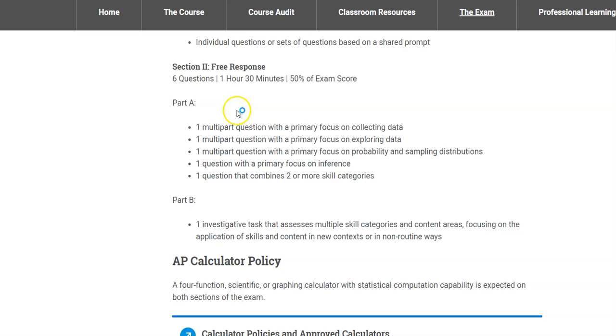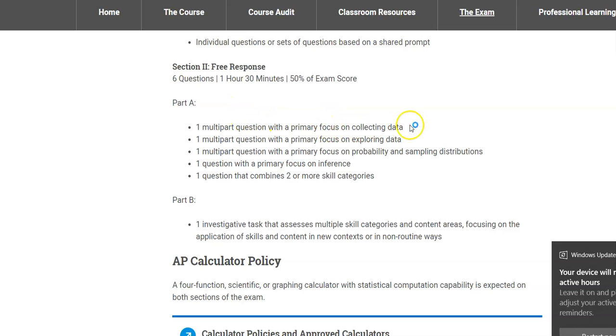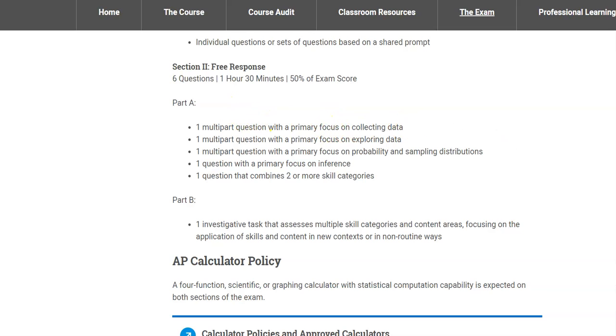And it gives you some guidelines here: one part will be primarily focused on collecting data, exploring data, probability and sampling distributions, inference, and then one that combines 2 or more of those things.